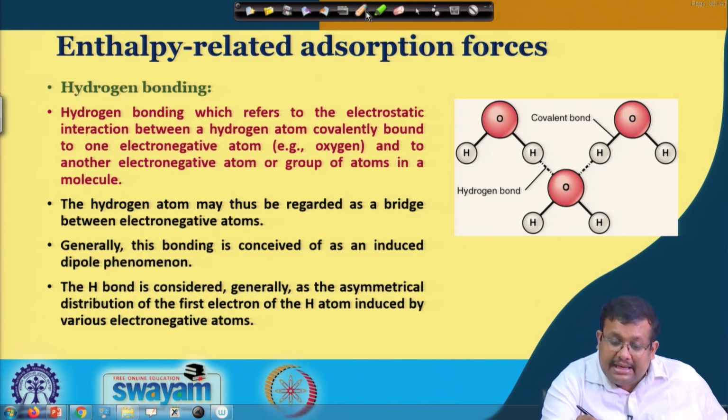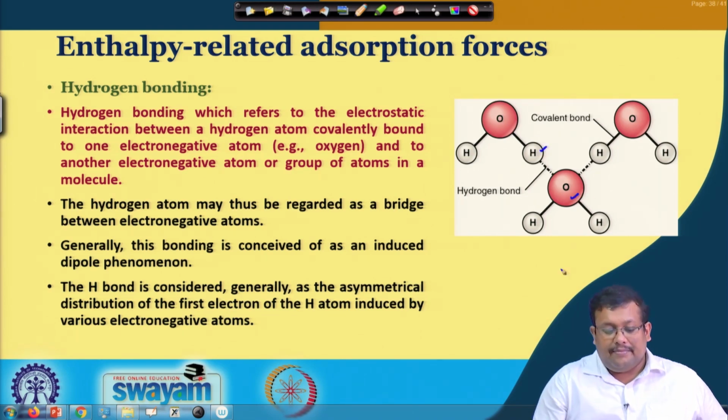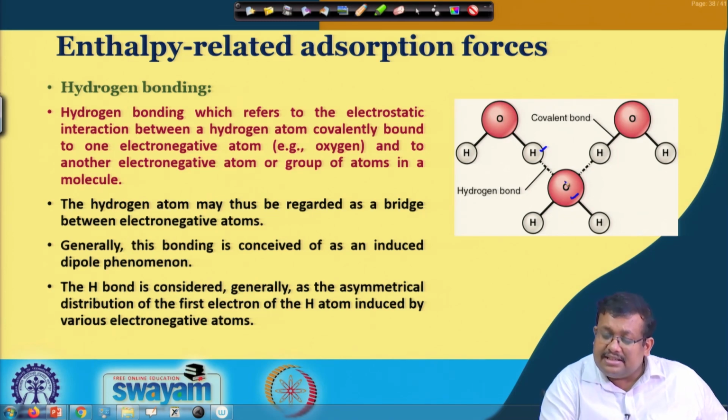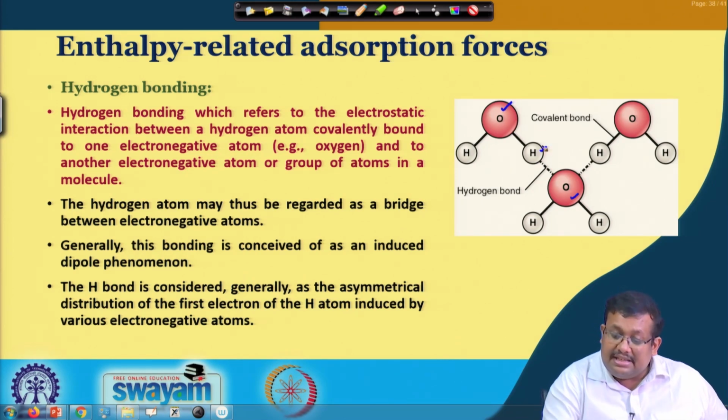Here you can see the hydrogen bonding occurring between this hydrogen atom and this electronegative oxygen atom. This hydrogen atom may thus be regarded as a bridge between electronegative atoms. You can see this is an oxygen electronegative atom, and this oxygen is another electronegative atom, so this hydrogen is acting as a bridge between these two electronegative atoms.